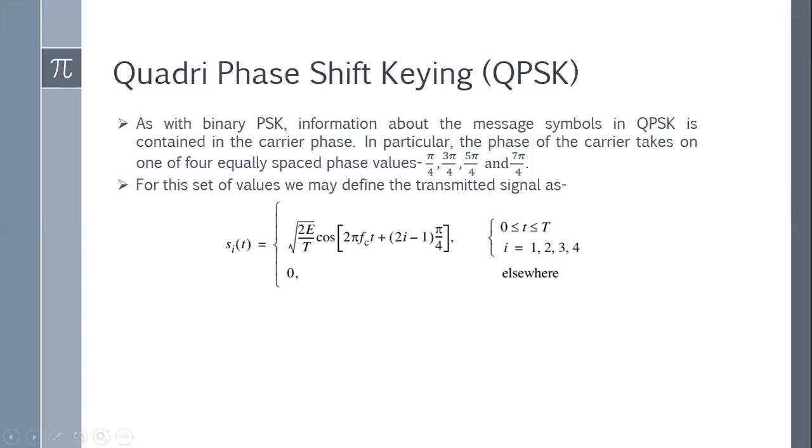I hope this equation is clear. Please respond to me if it is clear. Okay, so only for these values of I equal to 1, 2, 3, 4 I will get this equation. For all other values of I, the signal will be 0. So I hope this portion is clear.